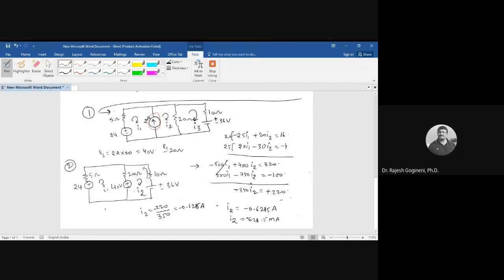Okay. The first simplified circuit, you do it as homework. Check whether the current flowing through the 10 ohm resistor is the same or not. We will get the same answer. I solved that one also; you will get the same minus 0.629 amperes.